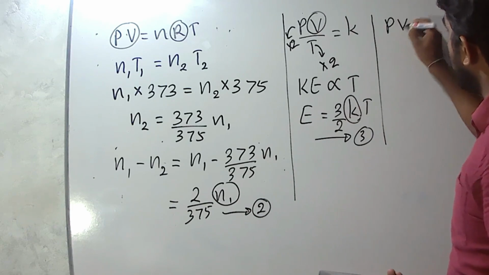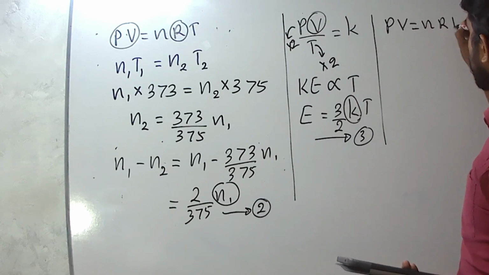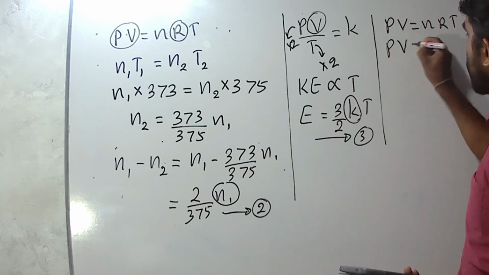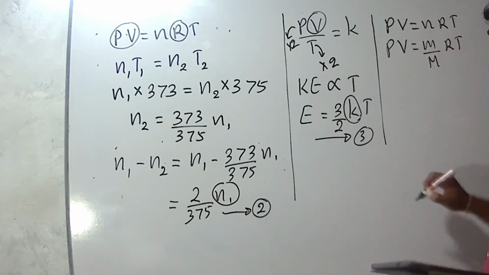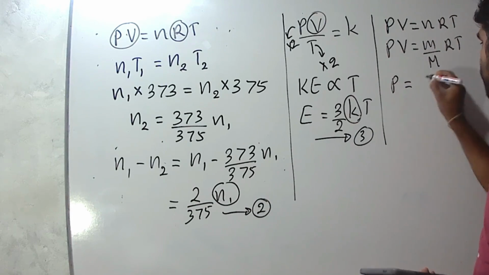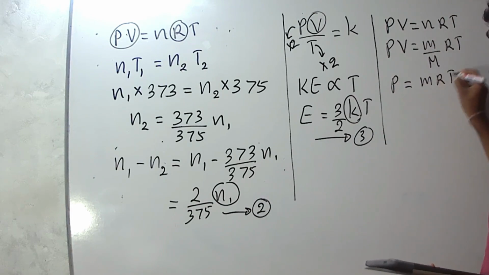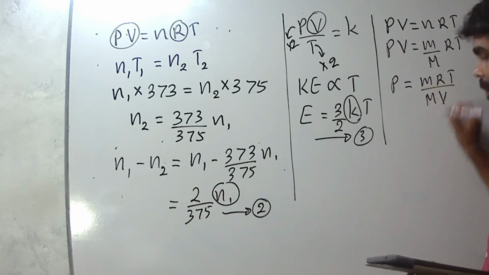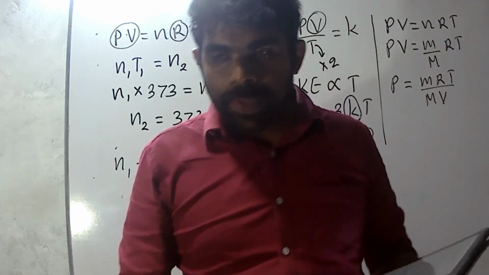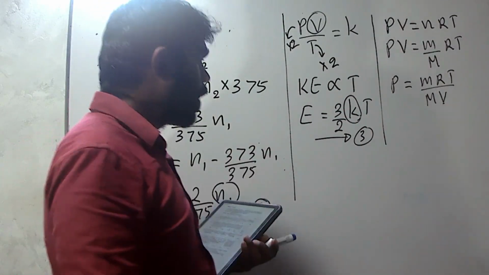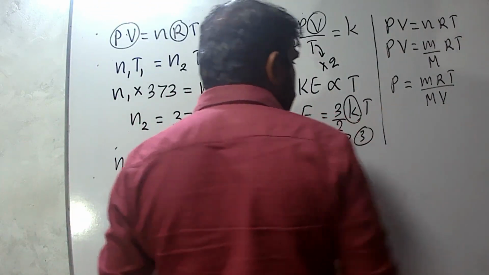According to PV equals nRT, we can use number of moles as mass divided by molar mass, so P equals mRT over MV. Then pressure should be equal for the equilibrium of the mercury thread.